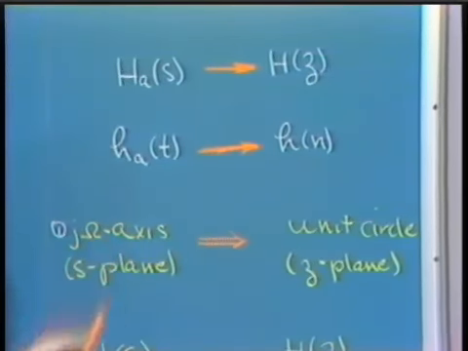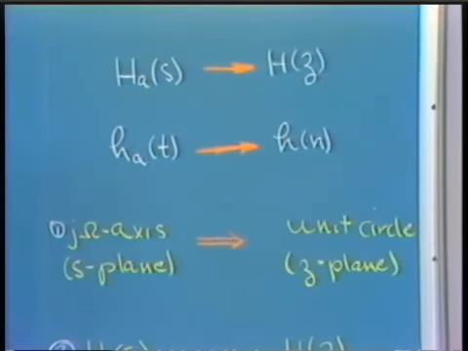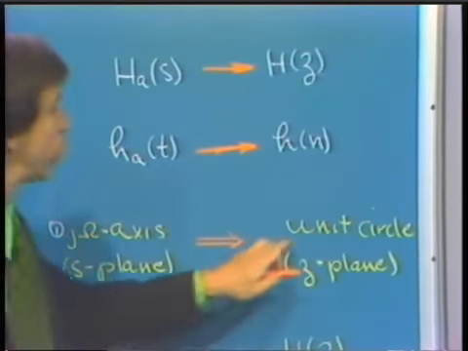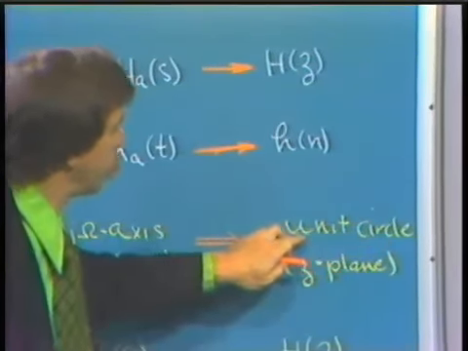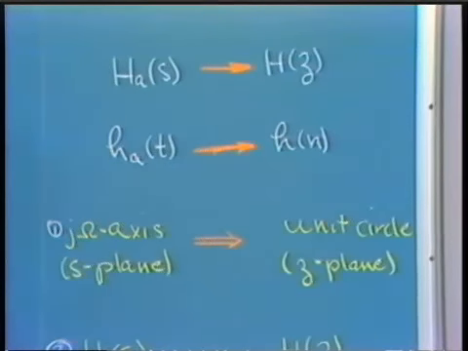If the analog filter has a good behavior on the j omega axis, that's what we would like to have mapped over to a good behavior in the z-plane on the unit circle. So this then is the first condition that we would like to impose.